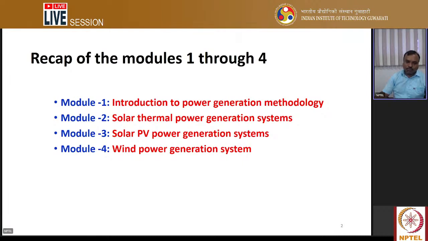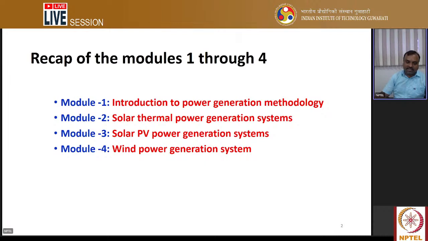In module 2, solar thermal power generation systems were covered, and in this module, primarily we have addressed the fundamentals of solar thermal energy conversion, solar thermal based power plant design and analysis. It may be flat plate or maybe concentrator.